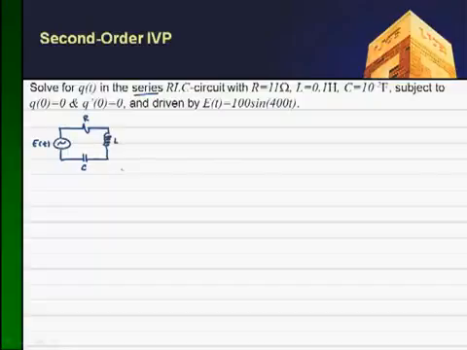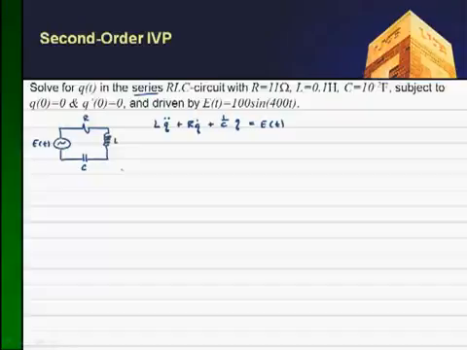Okay, so if we recall our governing ODE, we can go around using Kirchhoff's second law and write all the potential gains and drops and set them all equal to 0, and we come up with this governing ODE: LQ double dot plus RQ dot plus 1 over C Q is equal to our forcing function.